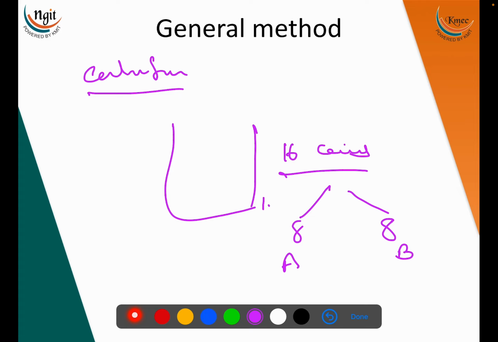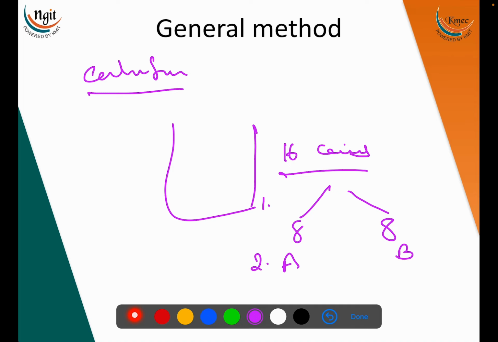For this step, we use our machine to compare the weights of the coin sets A and B. If both sets have the same weight, a counterfeit coin is not present in the 16 coin set. If A and B have different weights, a counterfeit coin is present and it is in the lighter set.